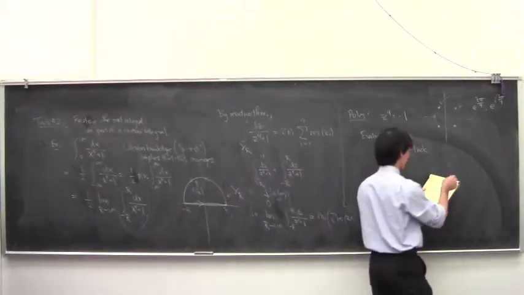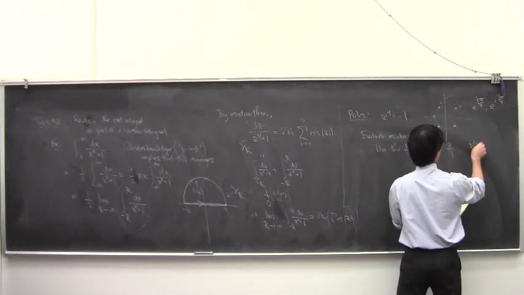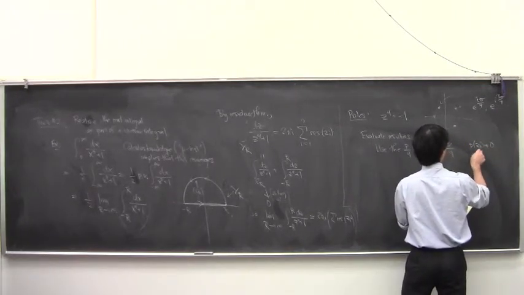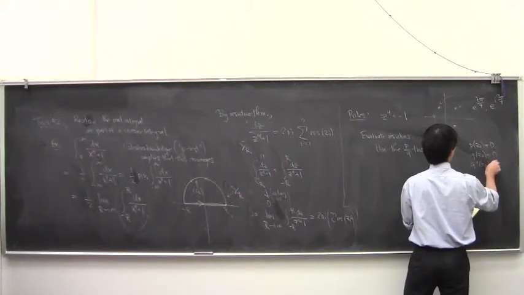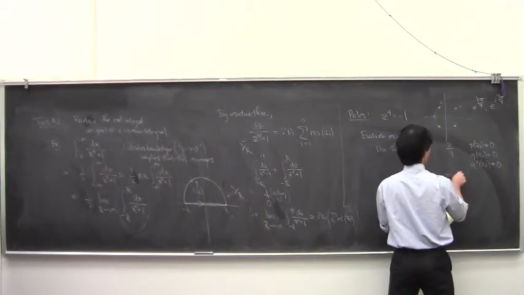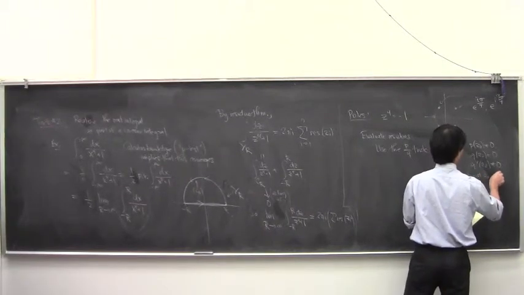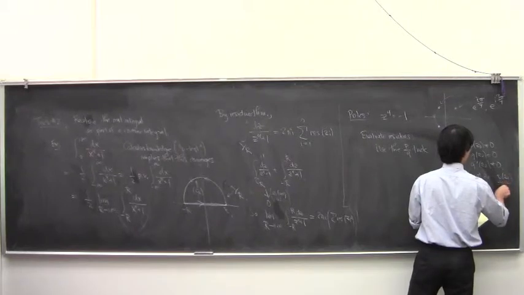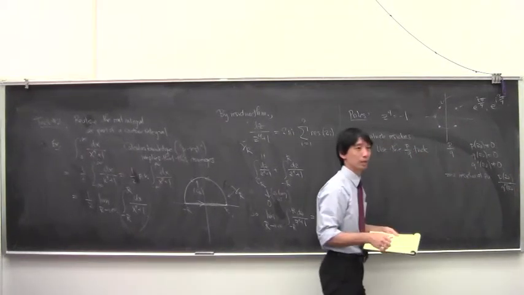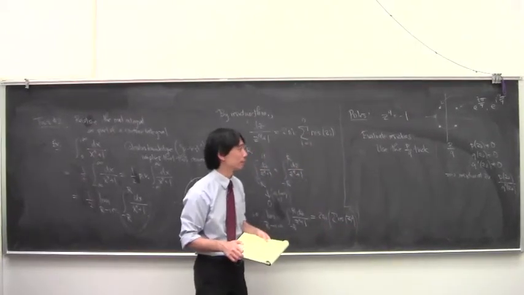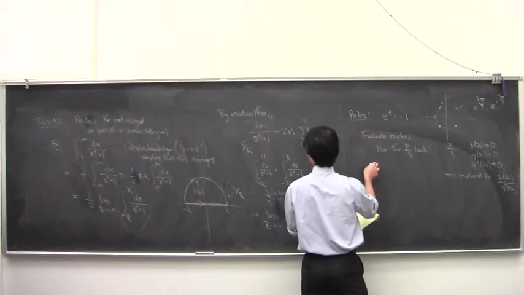Remember what the P over Q trick was: you have P over Q, where P of z naught is not 0, Q of z naught is 0, and Q prime of z naught is non-zero. Then the residue at z naught is P of z naught over Q prime of z naught. That's the trick we're going to use this time.